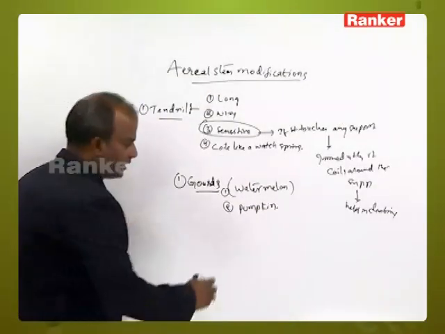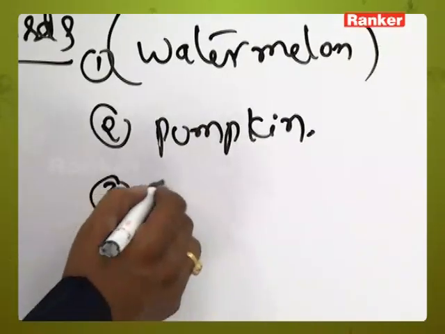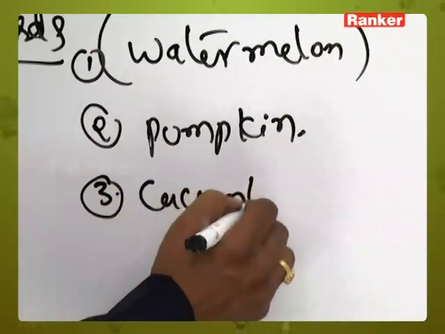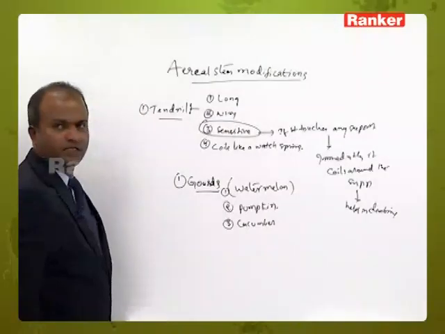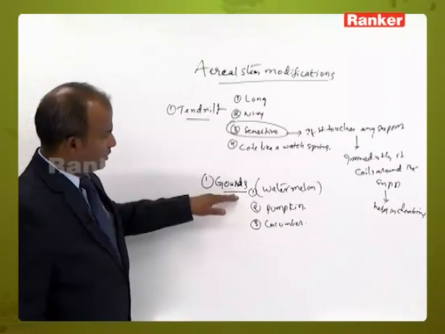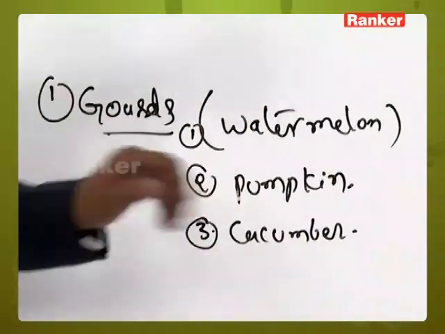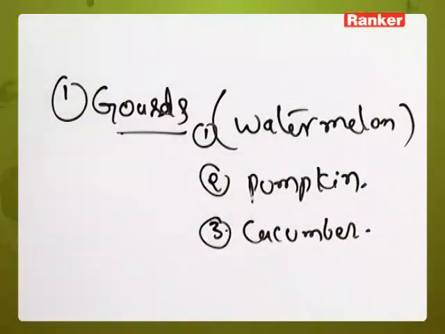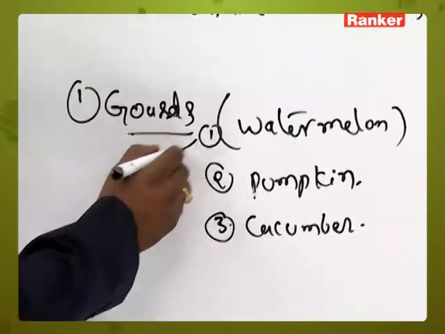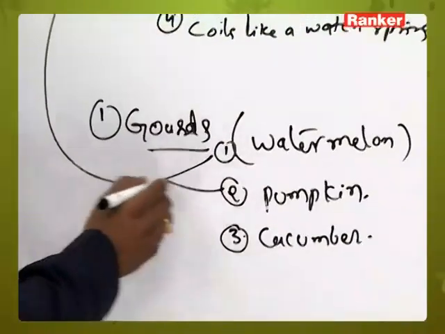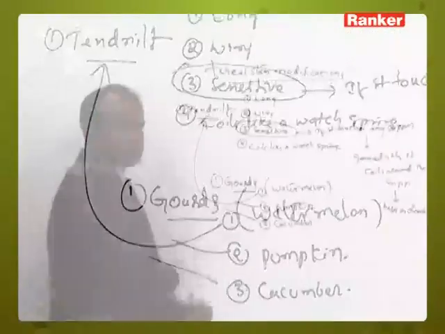And the third, cucumber. That means these gourd plants, the watermelon plant, pumpkin plant, and cucumber plant, show tendrils. Yes, these three of them show tendrils.